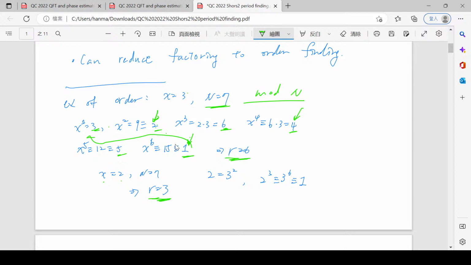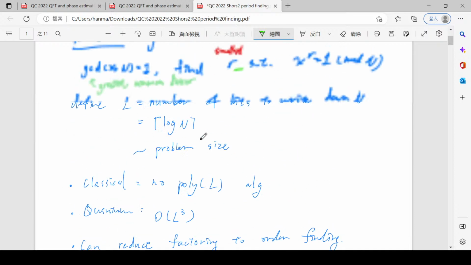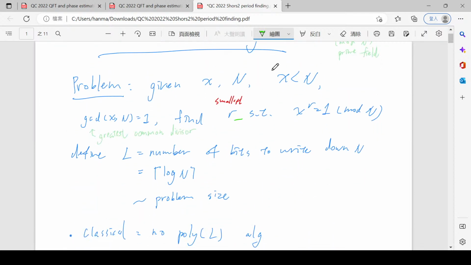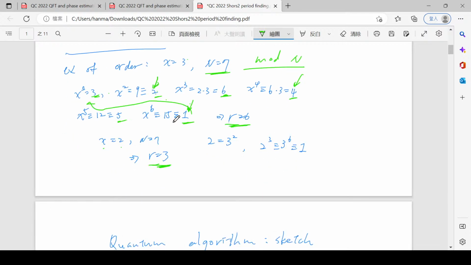So this order finding problem is asking, given arbitrary x and n, how can you find the order of x with respect to n? Okay, everyone got the order finding problem?